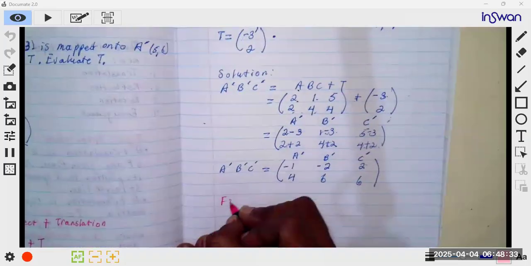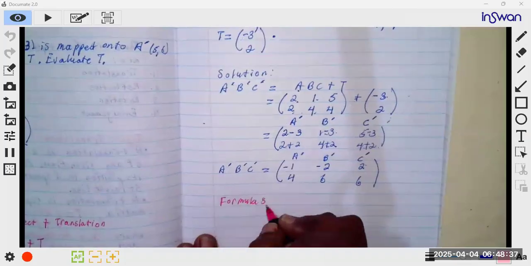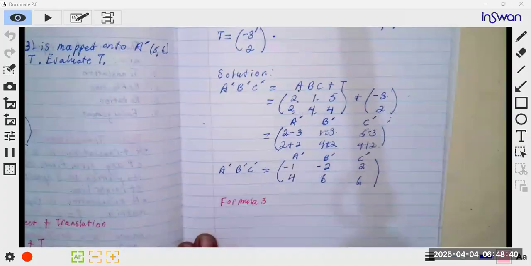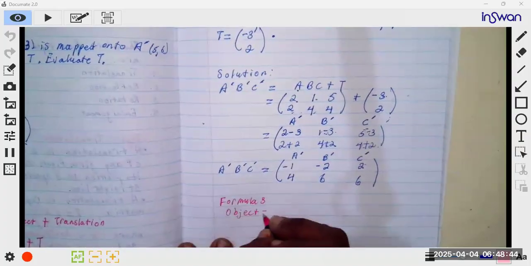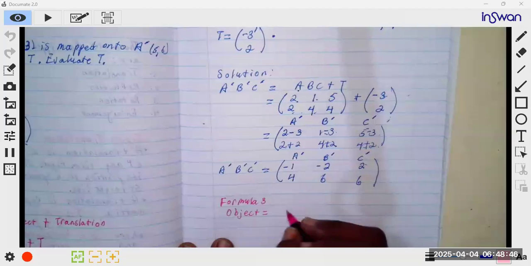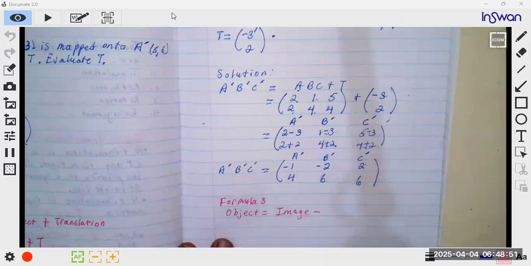Notice it's like ordinary subtraction. You're realizing that if you want to find your object, it will be the image minus the translation. So you want to find your object, it will be the image minus your translation.